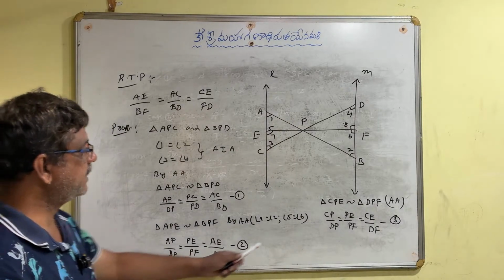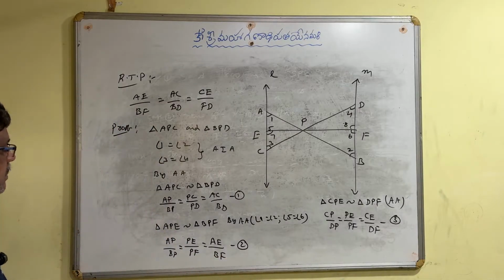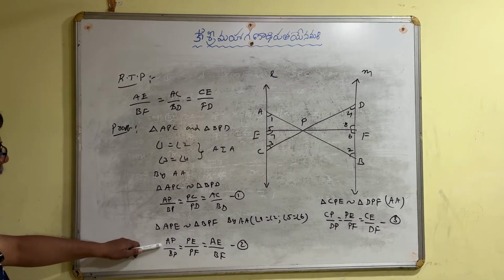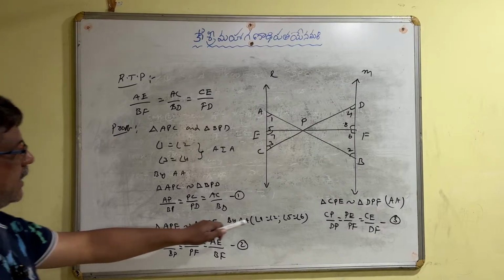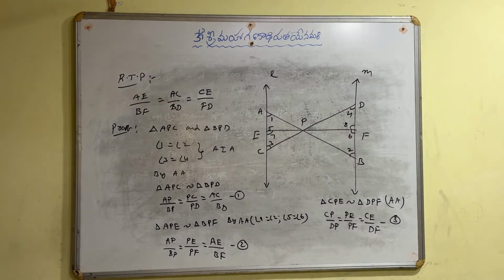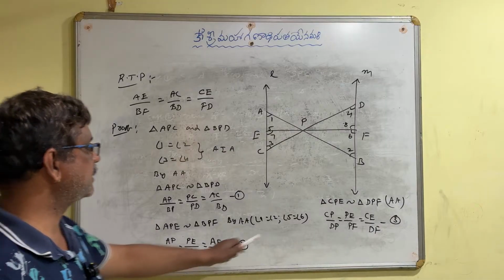PE by PF here, PE by PF here. AP by BP here, AP by BP. And here? PE by PF is equal to PE by PF.